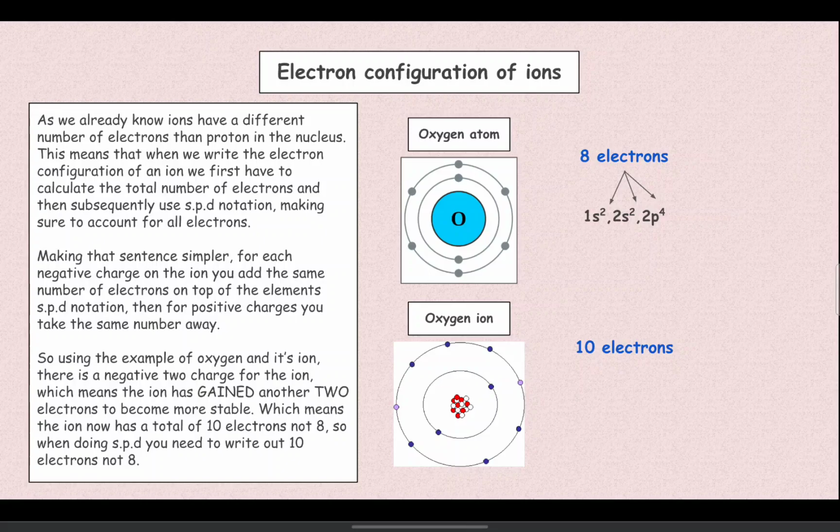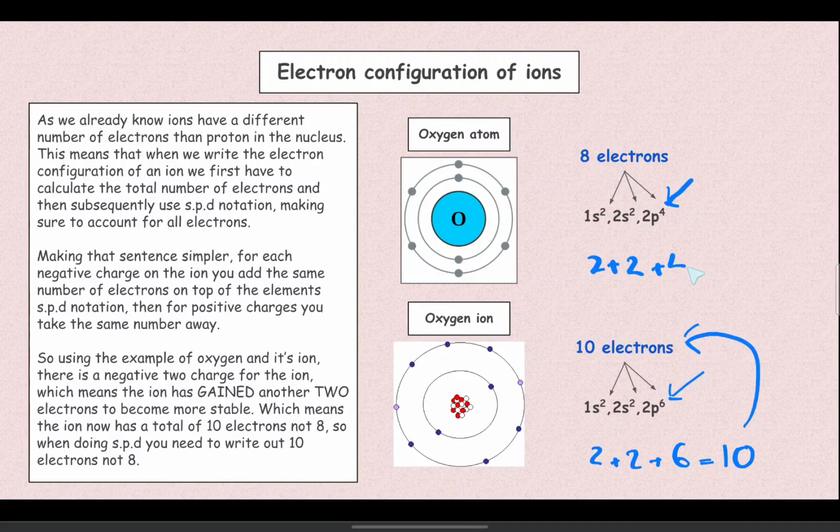So the ion becomes more stable, which we should have learned, and if you haven't, that's why. Which means this ion now has a total of 10 electrons, not 8. So when doing your s.p.d notation, you need to make sure to write 10 electrons, not 8. So you can see the small difference there. Instead of having the 4, you've got the 6. Because 2 plus 2 plus 6 is 10 electrons, whereas 2 plus 2 plus 4 is 8.